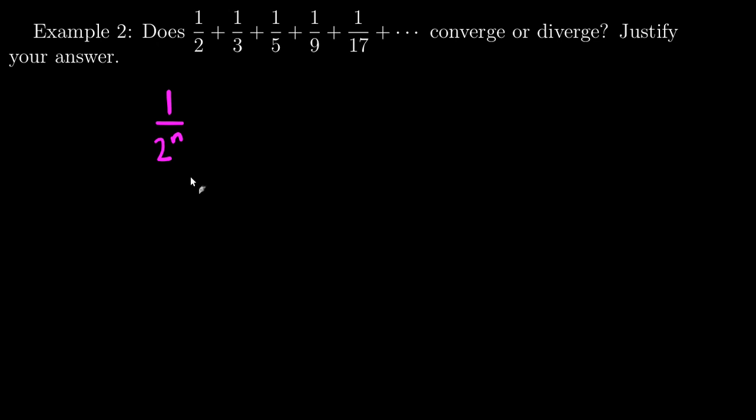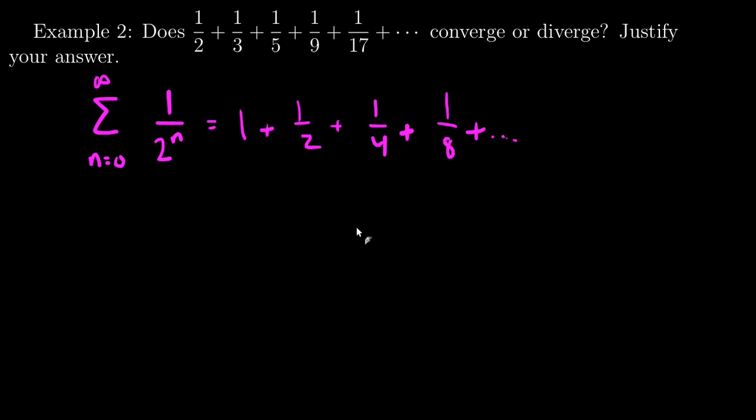And I can see that this sum from n going from 0 to infinity is going to be 1 plus 1/2, then put in the 2, plus 1/4, plus, put in the 3, 1/8, plus, and we can see, all right, this seems to line up nicely.